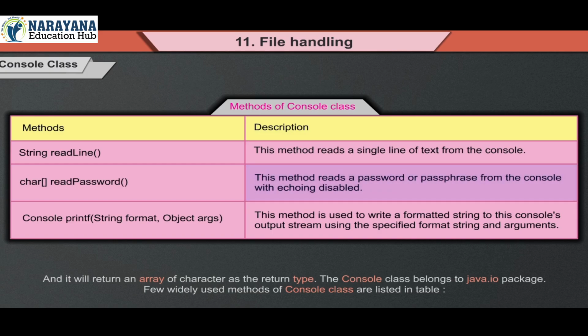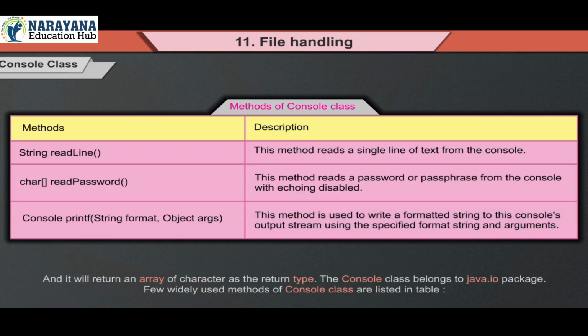This method reads a password or passphrase from the console with echoing disabled. Method: Console printf(String format, Object... args). This method is used to write a formatted string to this console's output stream using the specified format string and arguments.